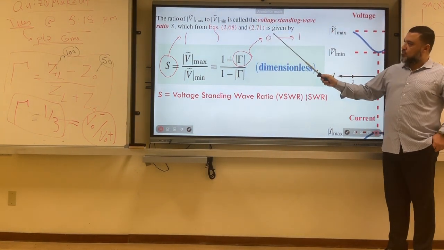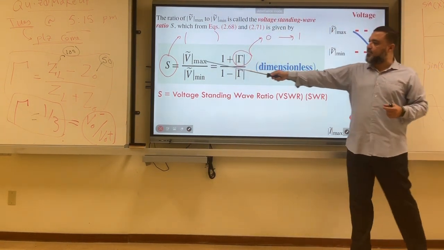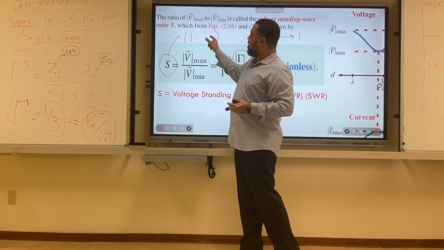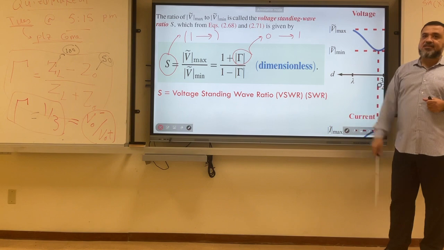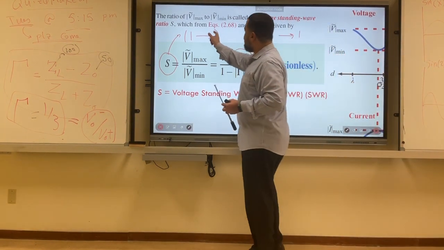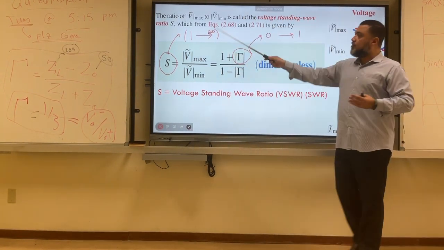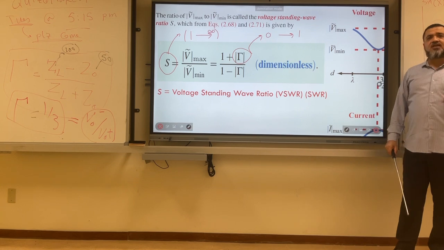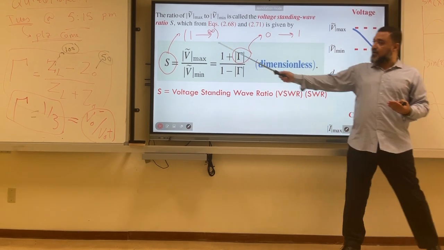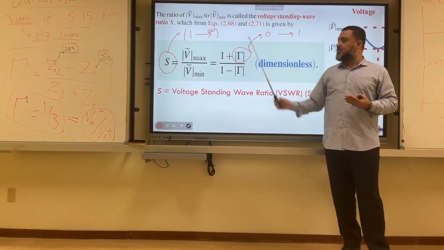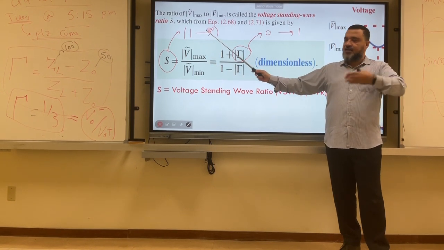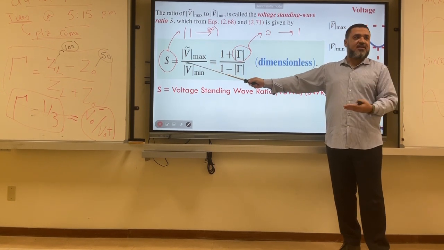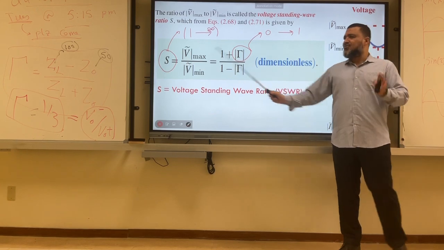When gamma is 0, the best case, no reflection, S will be 1. And when the magnitude of gamma is 1, the worst case, what is S? Infinity. So the limits of S are from 1 to infinity, and it will never go outside this range. The best is to have S equal to 1, which means no reflection. The worst is to have S as big as possible. The bigger S, the worse the case, the more reflection you are having. So it's another indication.